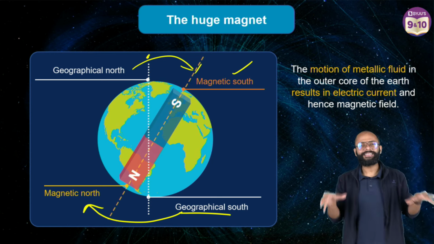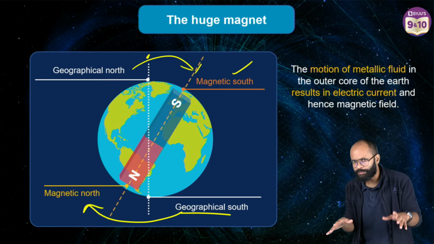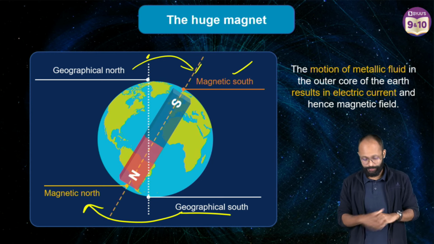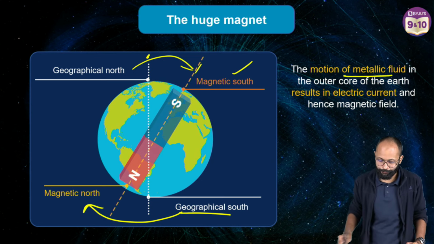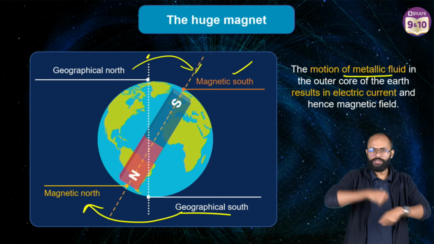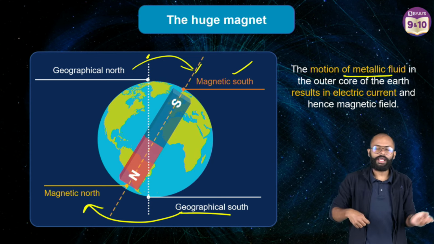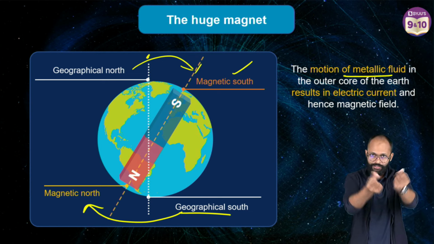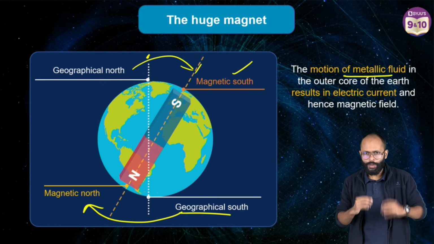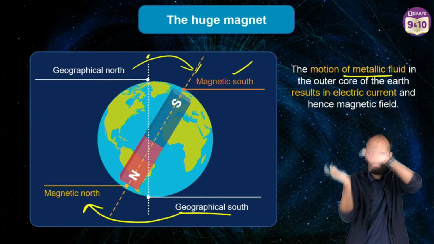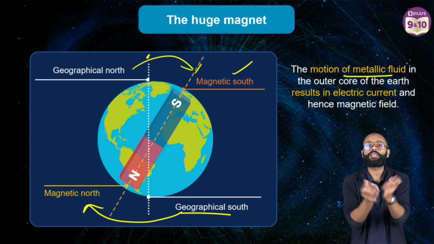Alright, now why does it happen, you can ask me. I won't go too deep into this, but I'll just let you know. Inside the earth, there is motion of metallic fluid. Molten metal is moving here and there, right? Correct? And it has charges. There are charged particles, right? Ions are there. When these charged particles are moving in this current, they form magnetic loops, right?